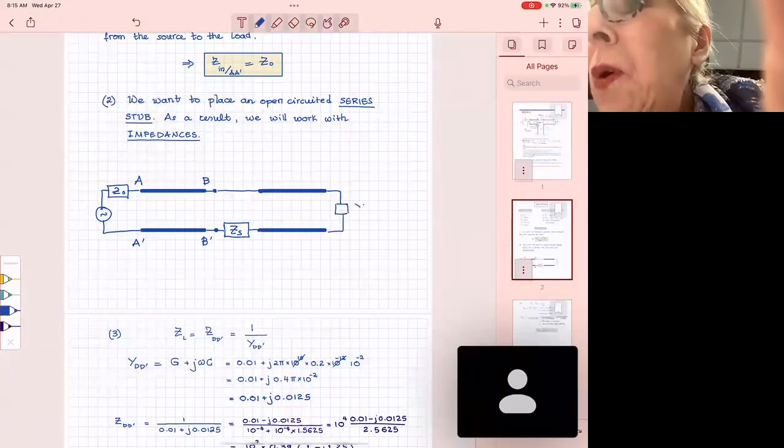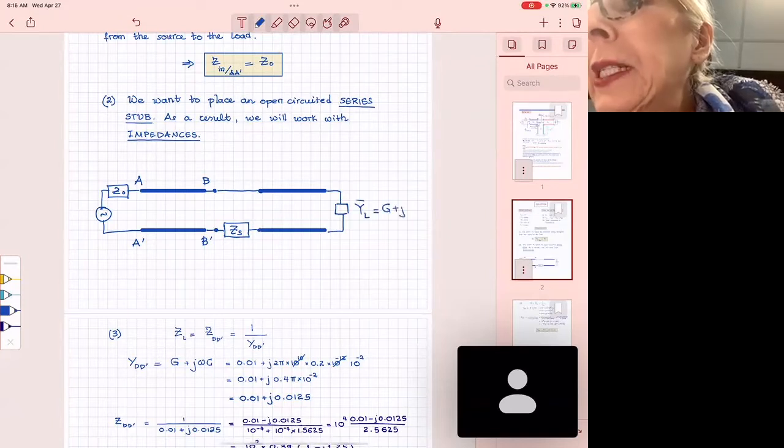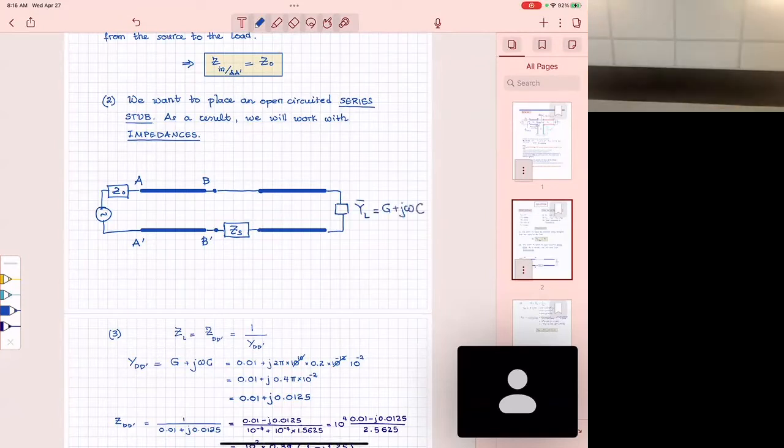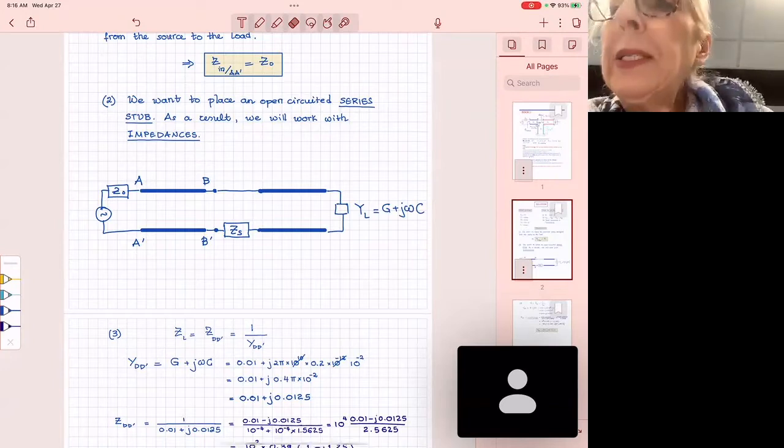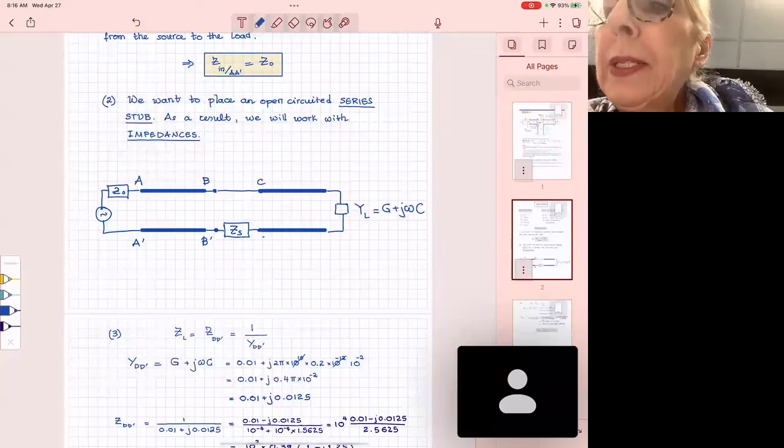And my load is Y_L, which is G plus j omega C. The load, normalized or not, I have given it to you in an admittance form, from the units you can tell. However, as I move this load here, practically this is C prime, this is D prime.